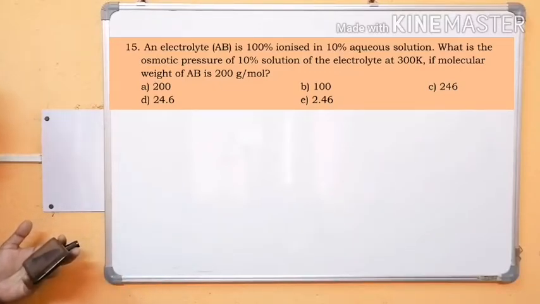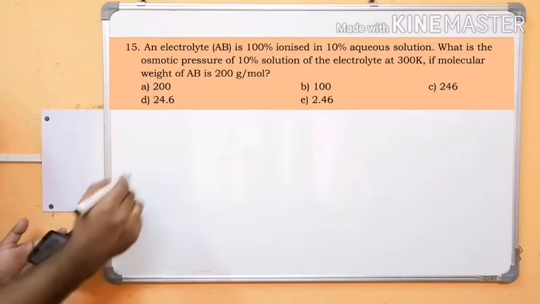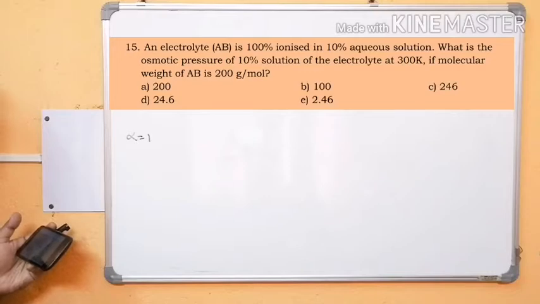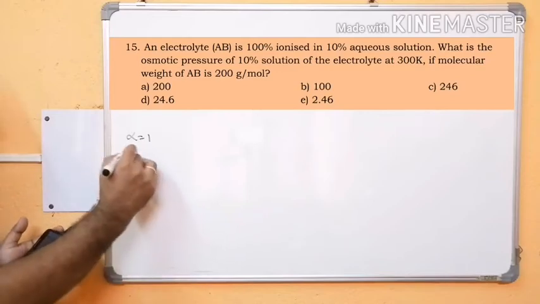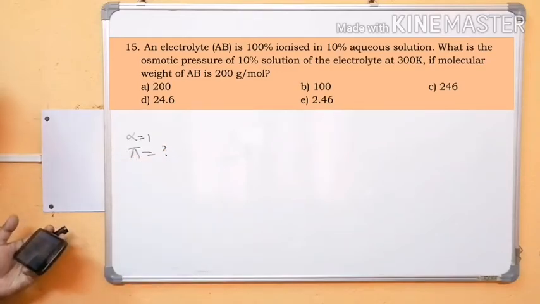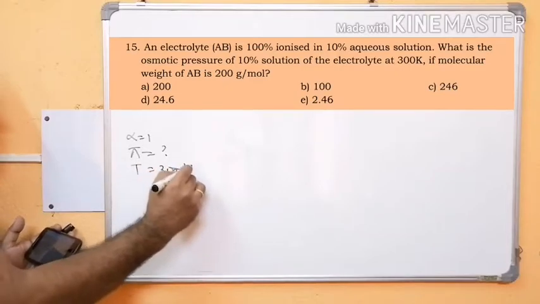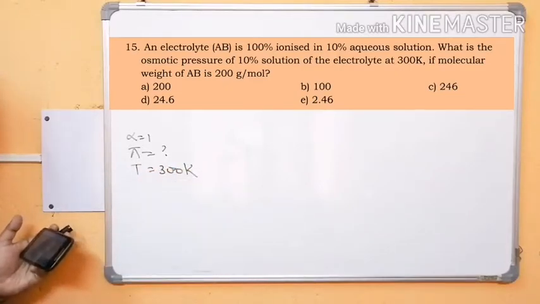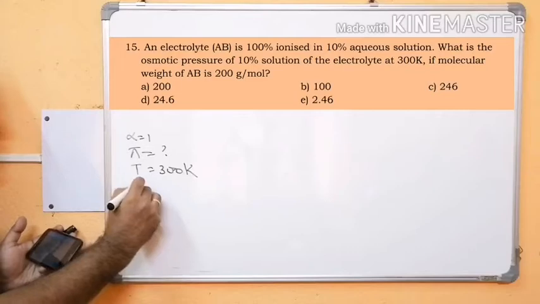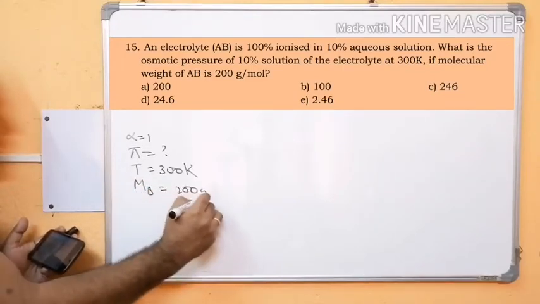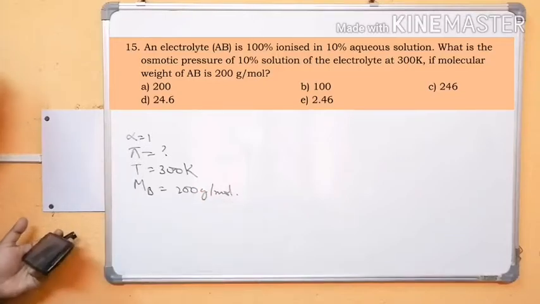An electrolyte is 100% ionized, so here we can say alpha is equal to 1. Now 10% solution, what is the osmotic pressure of the 10% solution of electrolyte? So you have to find out pi, the osmotic pressure. The temperature given is 300 Kelvin. The molecular weight, that is Mb, is given as 200 gram per mole.